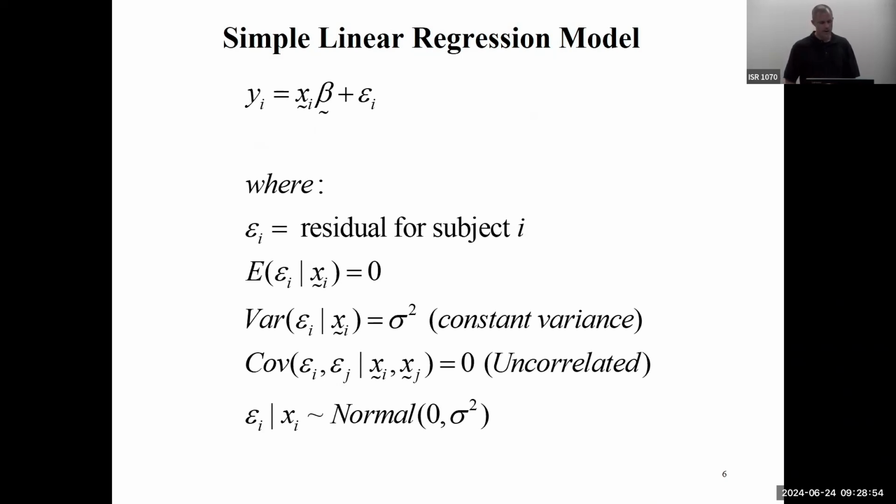Yet another assumption is that the covariance of any two errors for different subjects in the data set, conditional again on the values of their predictor variables, that covariance of those two errors is 0. Okay. So different residuals for different subjects have no correlation. They're completely independent in the context of this larger overall model.